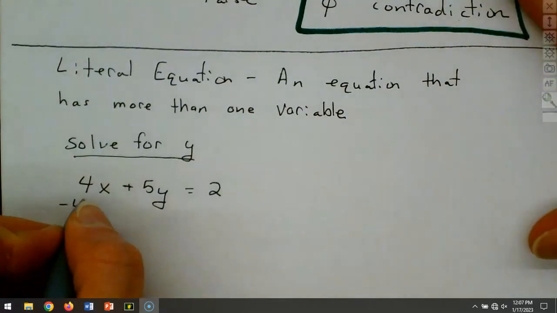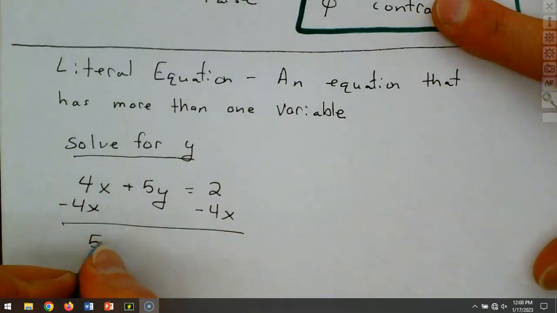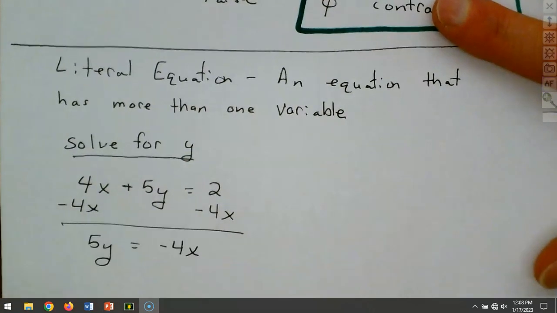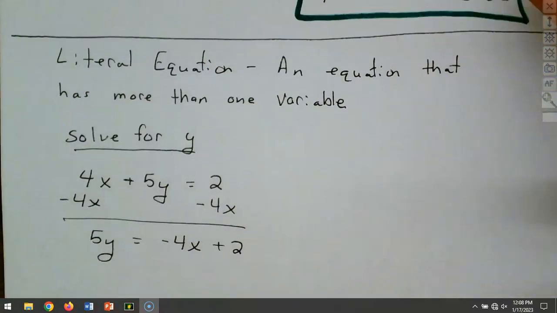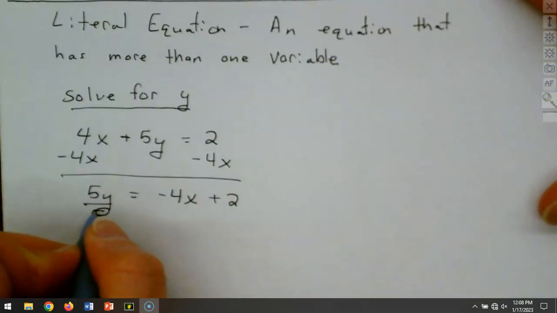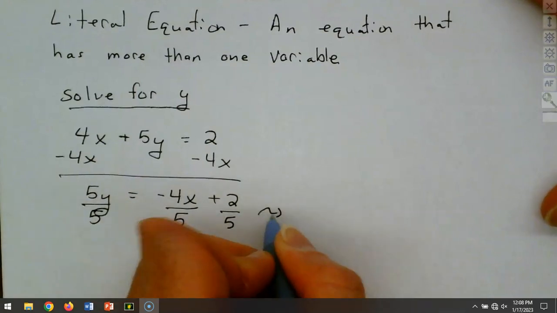So we move that 4x over, and now we've got 5y equals minus 4x plus 2, and we want to solve this for y like it's going into slope-intercept form, so we divide everything by a 5, and reduce it down if possible.